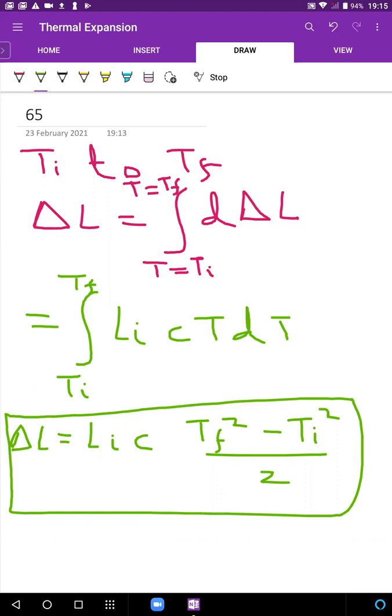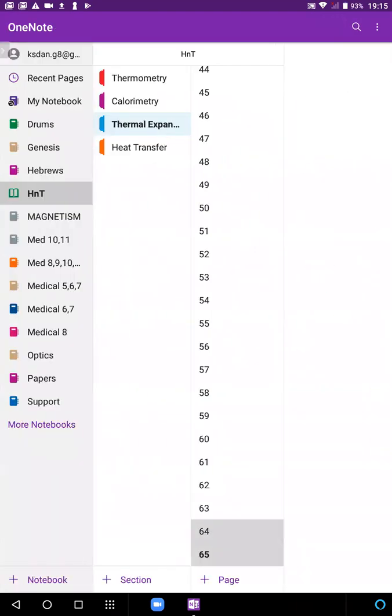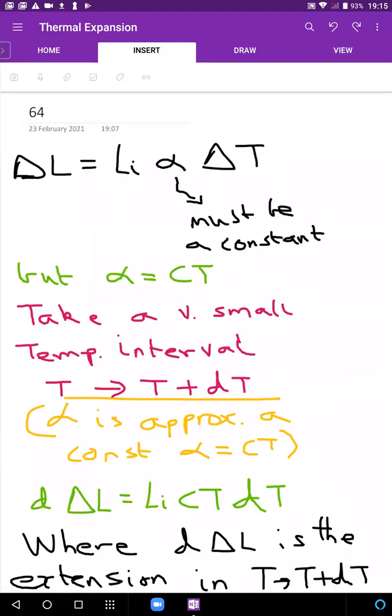I hope that's what you guys got. I think one of your answers shows that you probably integrated L, which is also not wrong. Yeah, I think under dL you took L and integrated. See, that's also not wrong. But then in the end, you will use the condition that the change in length is small.